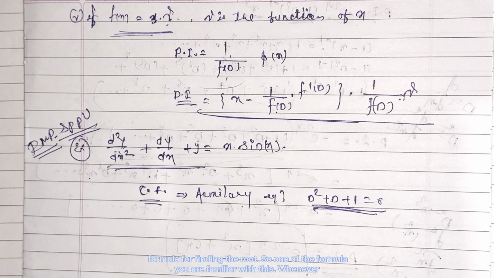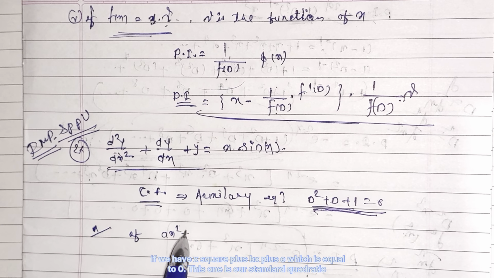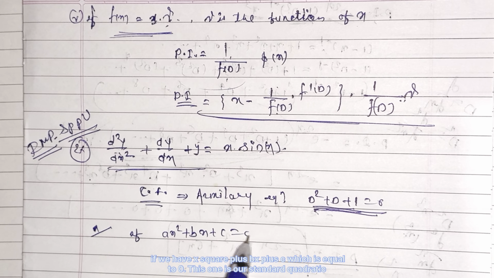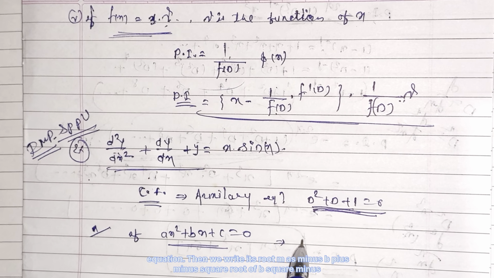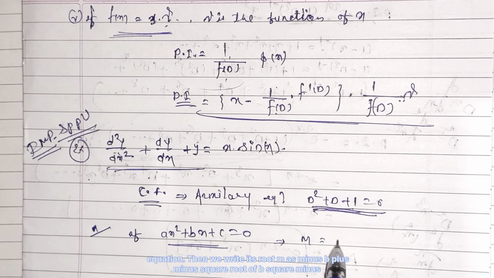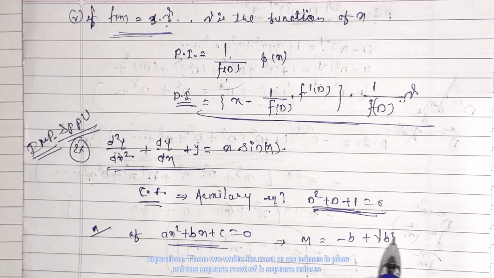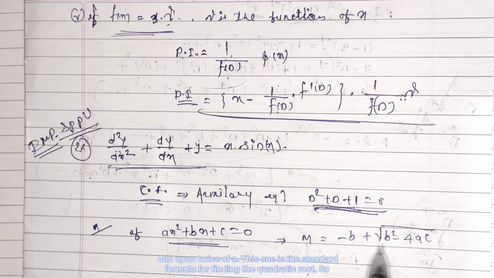You are all familiar with this: if we have ax square plus bx plus c equal to 0, which is our standard quadratic equation, then we write its root m as minus b plus minus square root of b square minus 4ac, upon twice of a.